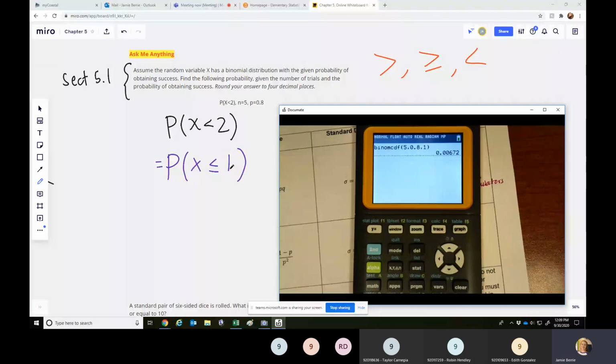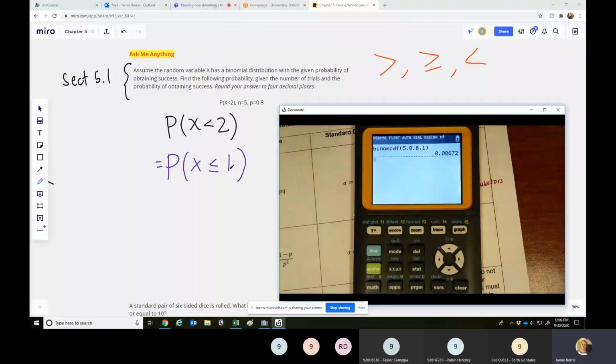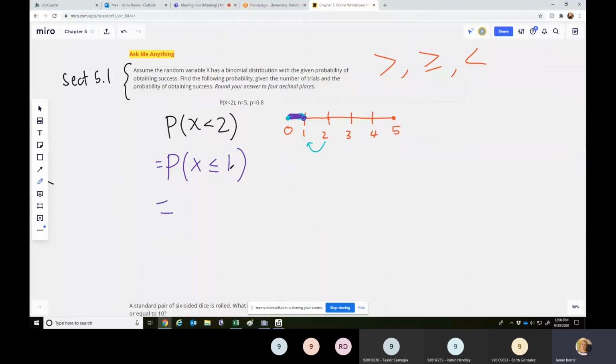Then just hit enter, and there you go. Very small number, 0.0067. We don't have to round anything up because this 2 tells us we're just going to keep that number the same. So that's 0.0067.